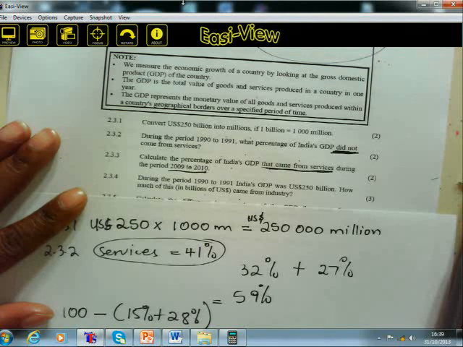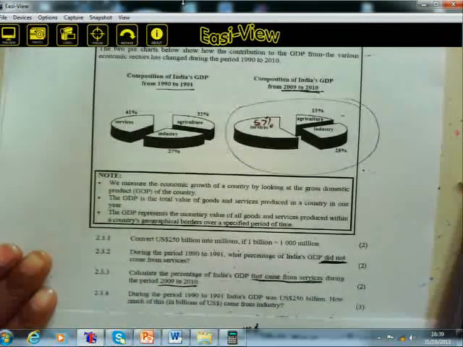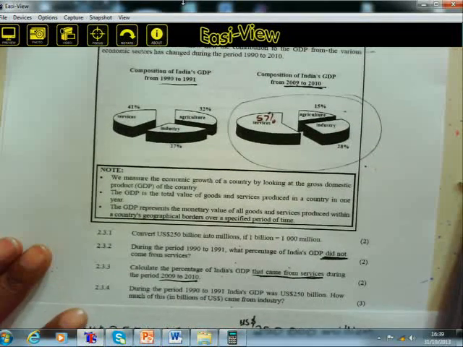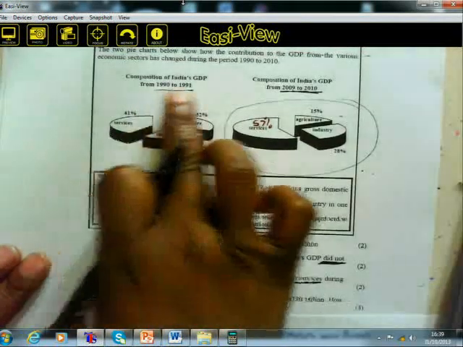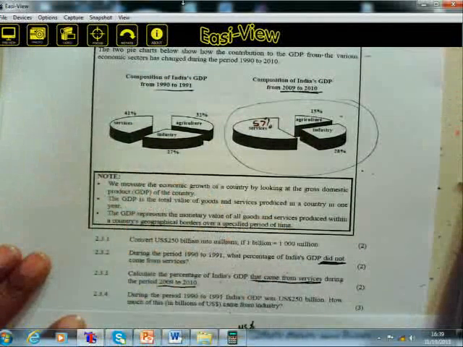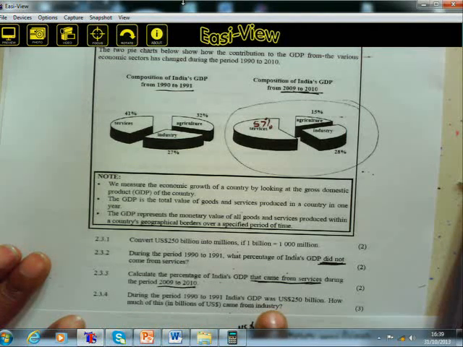In total, they managed to get 250 billion US dollars during this period, 1990 to 1991. Now, from the amount that they got, how much was from industry?